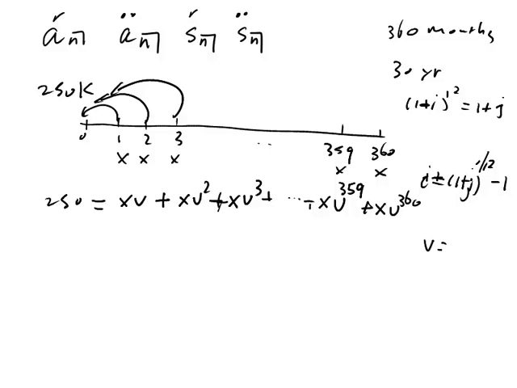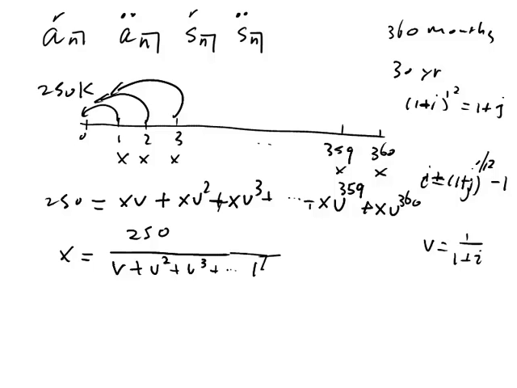V is 1 divided by 1 plus I, where I is the monthly effective interest rate. Now we get X equals 250 divided by V plus V squared plus V cubed, all the way up to V to the 360.